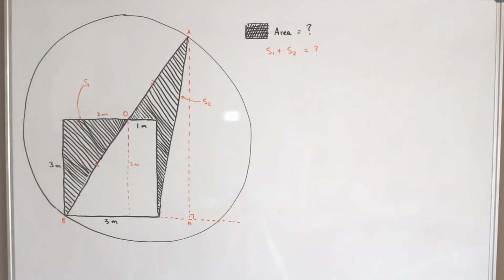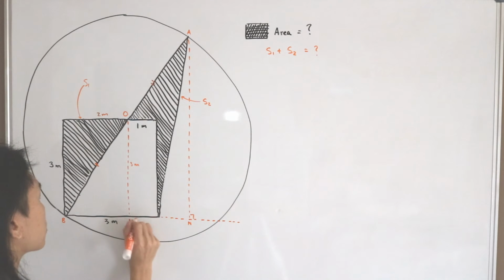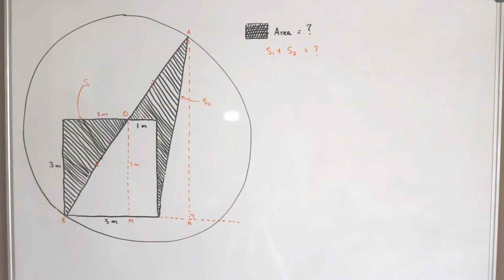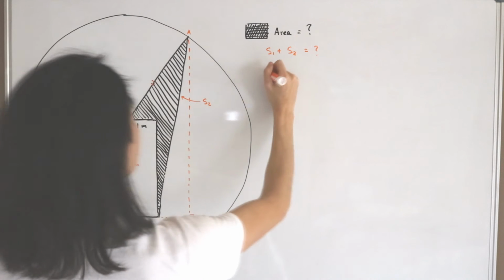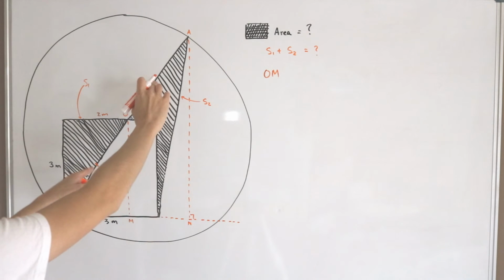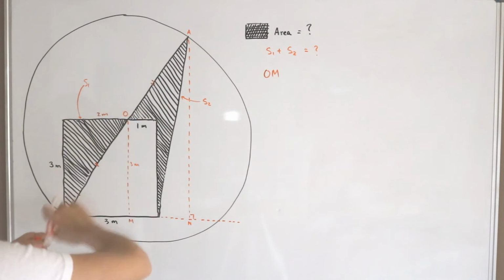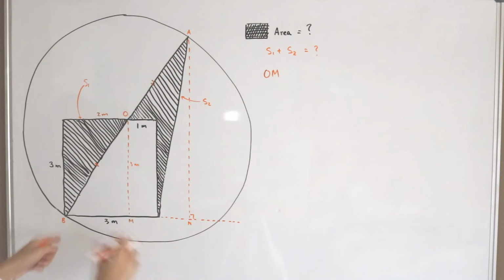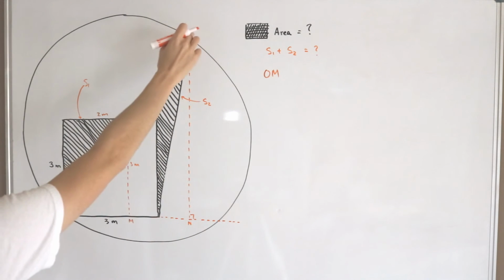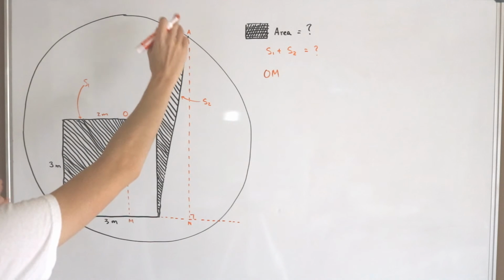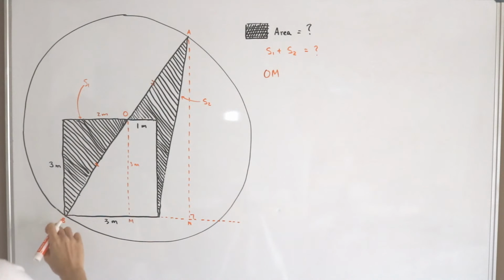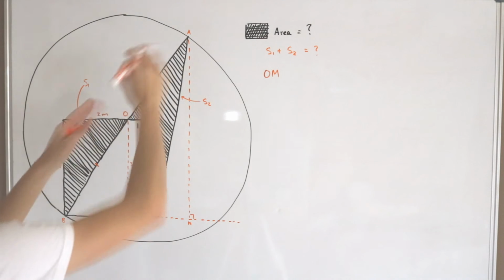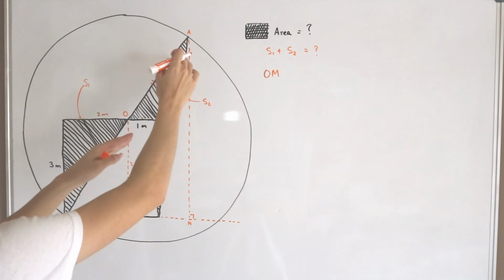Let me label this point M. Using the congruency of OA and OB, if we focus on triangle BNA, we can see that triangle BMO is half the size of the larger triangle.